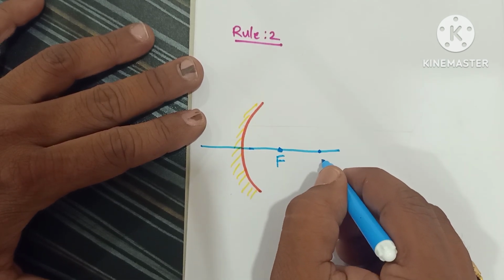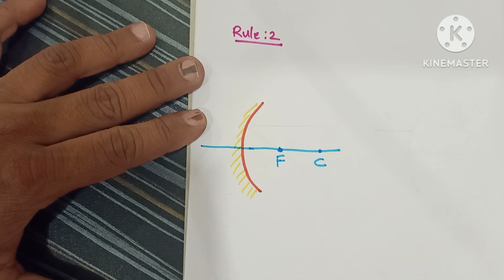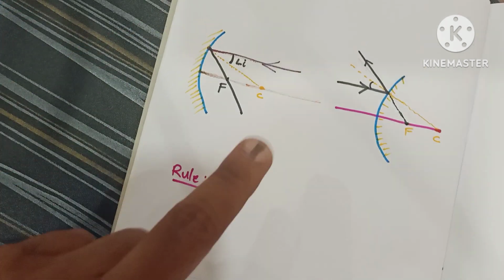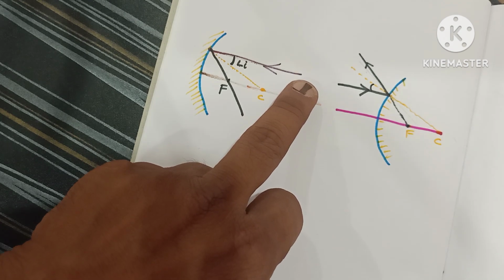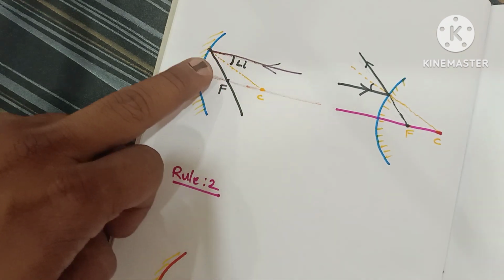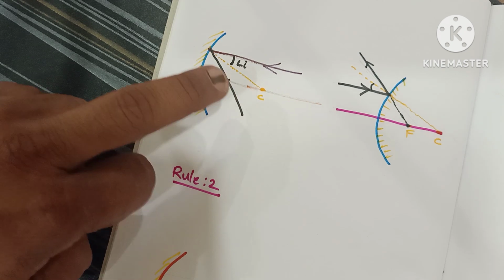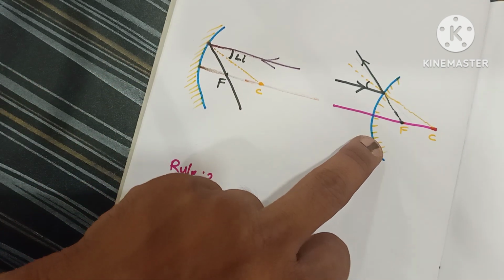Now this is the center of curvature. Okay, in the previous rule we have seen that a ray coming parallel to the principal axis will be incident and after reflection passes through the focus in case of concave mirror and convex mirror.